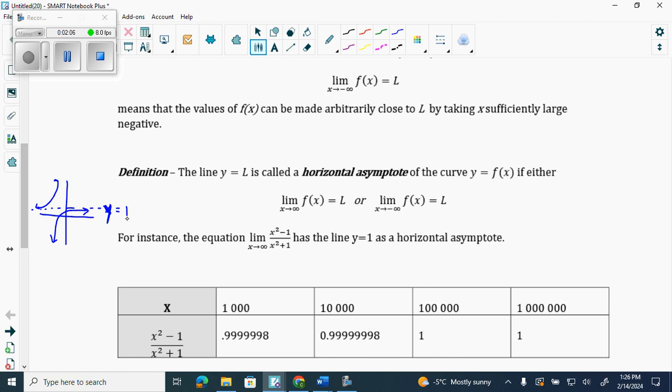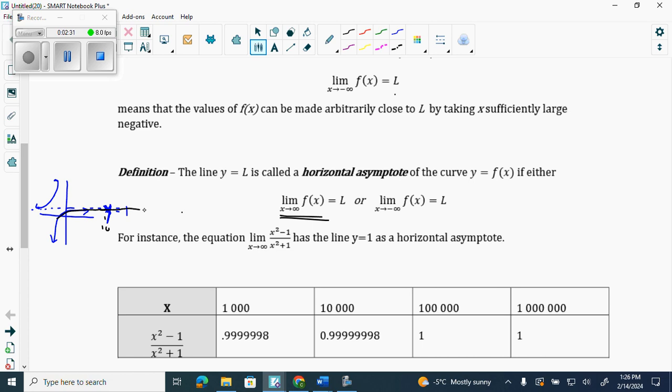Do we agree? Okay. If I'm saying x approaches infinity, that means I'm getting larger x's. If I keep making my x larger and larger, this is about 10. Say I make it 1,000,000, it's way down there. What's it going to get closer and closer to every single time? y equals 1.